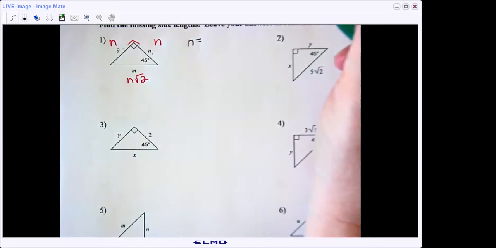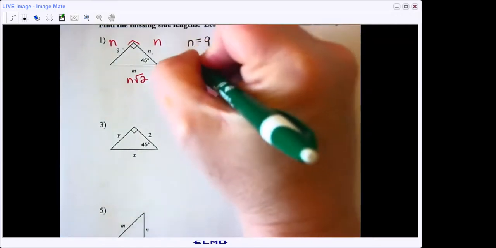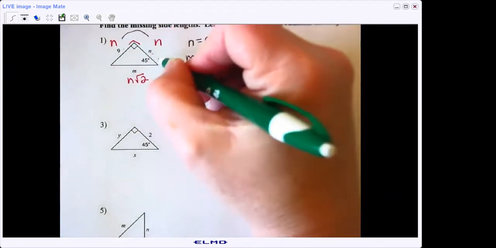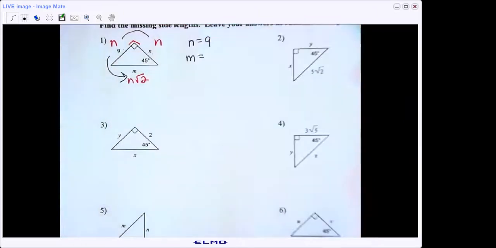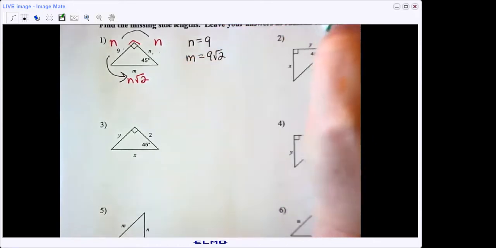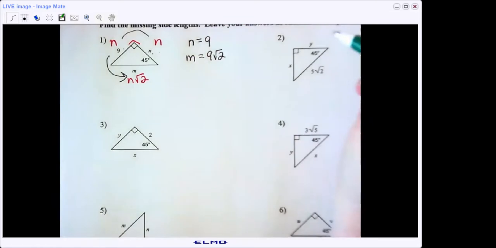So what does that make n? 9. Good. What does that make m? So these are the same. We take it and we put it there. So what do we get? No. So instead of the n, though, we're going to put a what? 9 root 2. Good. A 9 root 2. Perfect. That's it.